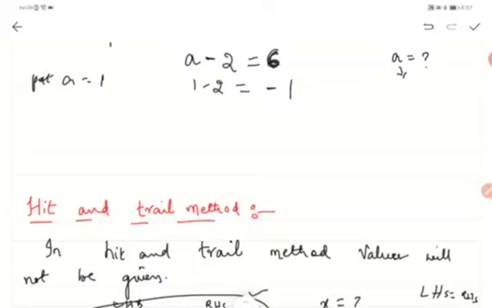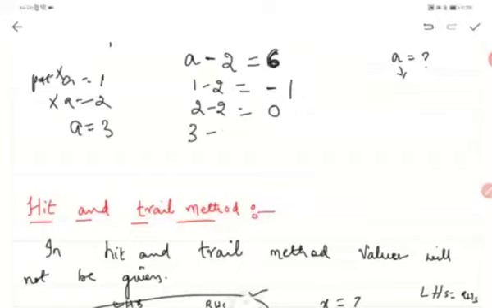If I take a equal to 2, it will be 2 minus 2, this will be 0. So again for this also it is not true. If I put a equal to 3, 3 minus 2, how much am I getting? 1. And if you go on finding the values, you will not get true for a equal to 3, 4, 5.